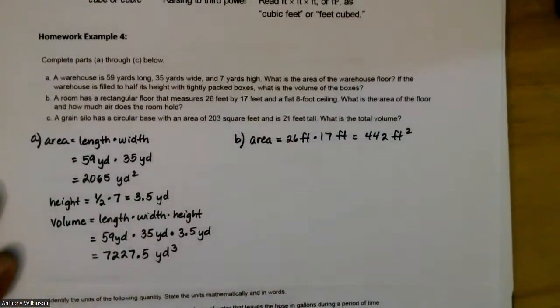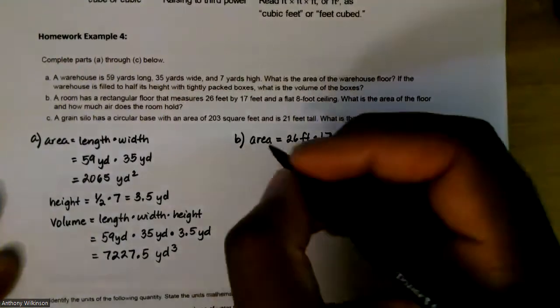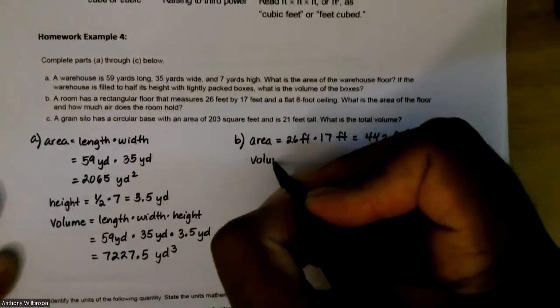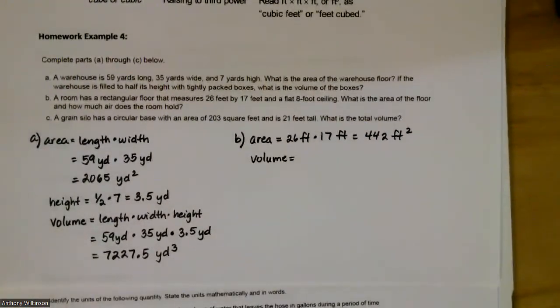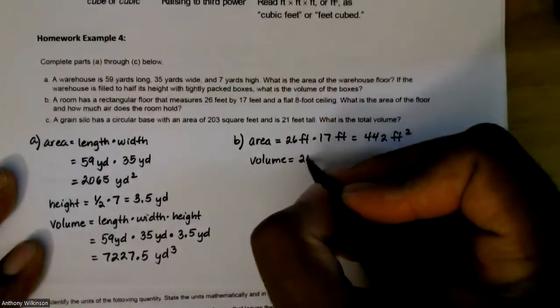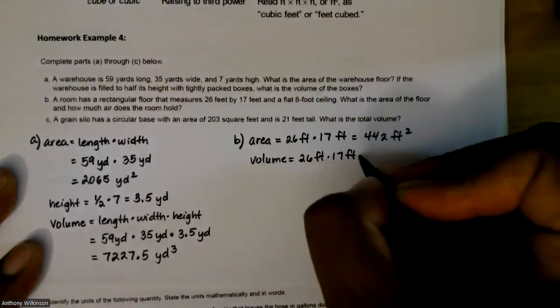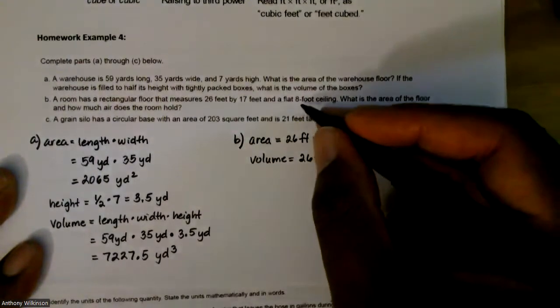And then how much air does a room hold? Well, in this case, it has to be the volume. That's going to be length times width times height. So here we take 26 feet times 17 feet times 8 feet.